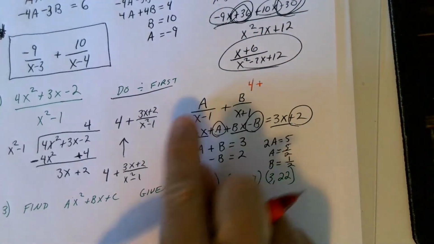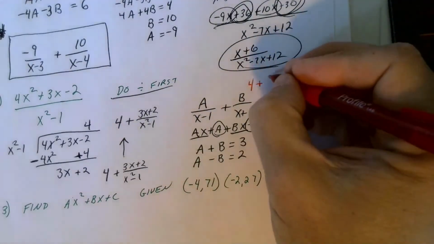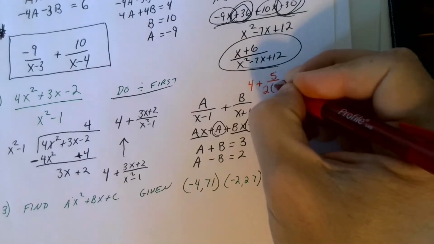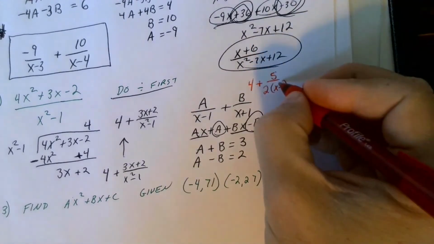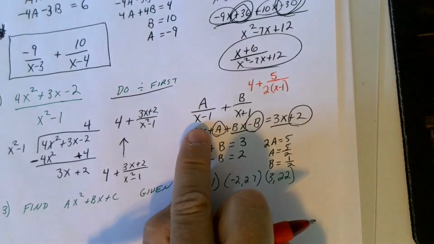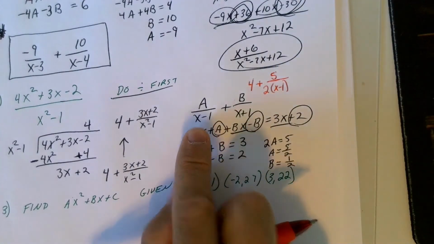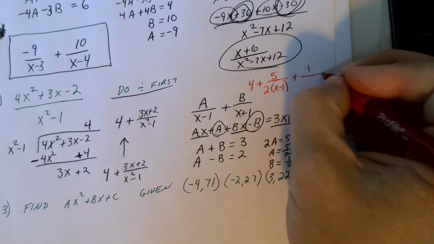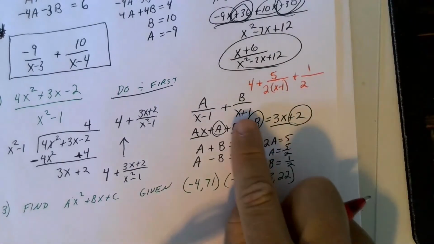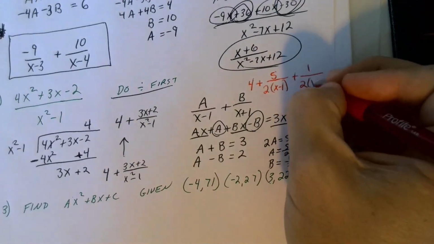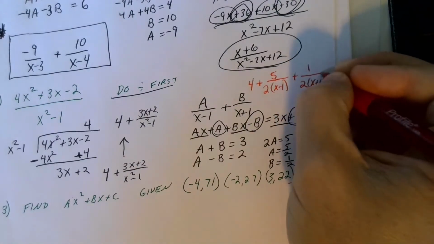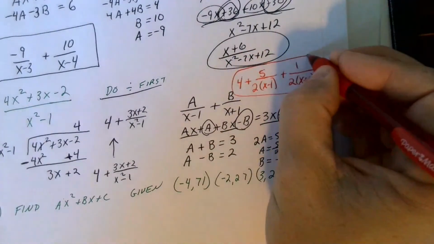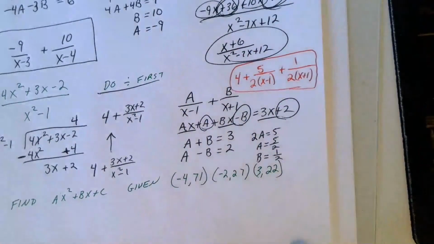Plus, a is 5 halves, so I'm going to put the 5 upstairs and the 2 downstairs, and put what its denominator was. That's x minus 1. Plus the b, which was 1 half, and then its denominator x plus 1. Okay, so that is my final answer.